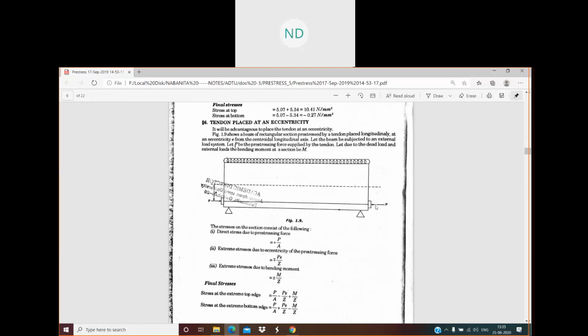This tendon is placed at an eccentricity E. This is the eccentricity, from the center of the beam. These pre-stressing tendons are placed here, that means it has an eccentricity. Now due to this eccentricity you are also going to have a moment. This is your E.